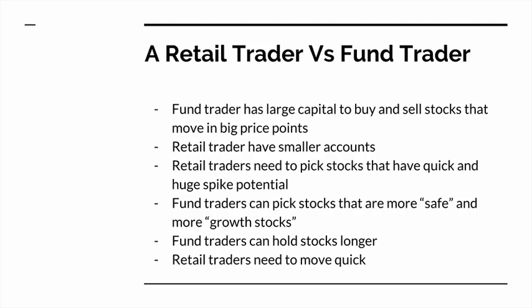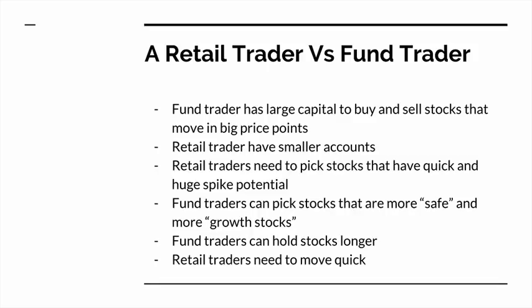So let's start off with going through the difference between a retail trader versus a fund trader. A fund trader is like a hedge fund, an ETF, somebody with a lot of money, right? They're like private equity trading firms, financial firms, and they have a lot of money from different rich folks like athletes, investors, and stuff like that.